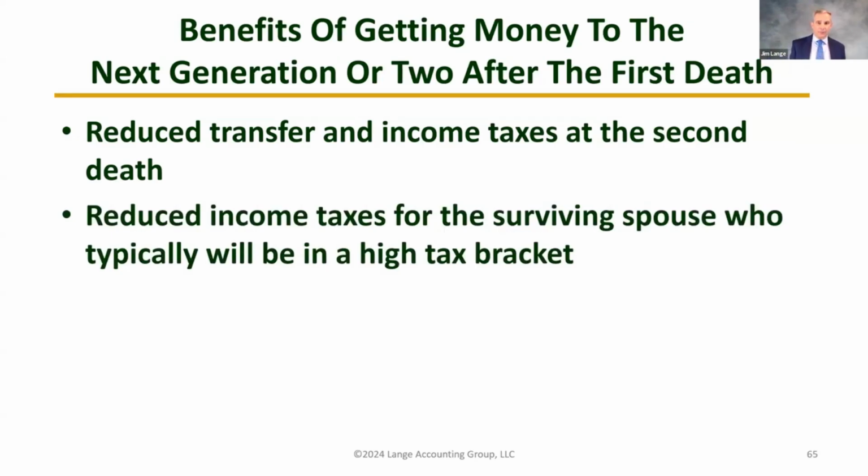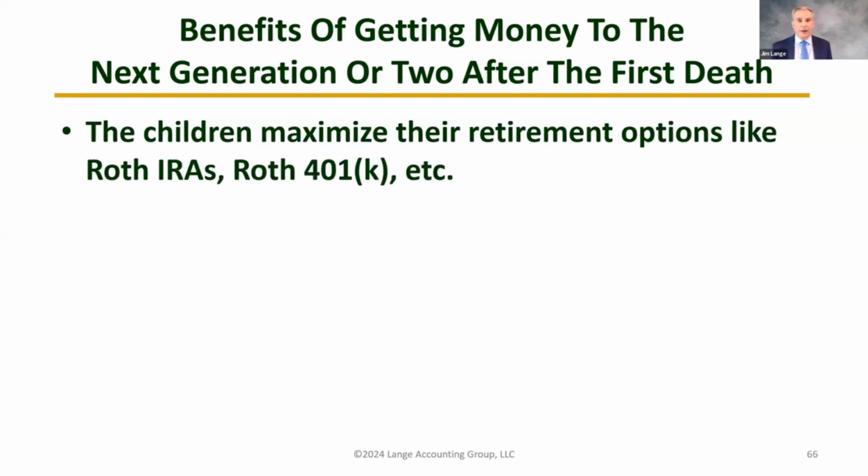Mistake, which is, again, getting some money out of the estate after the first death, to the kids, sometimes to the grandkids. And again, that helps your kids. And by the way, this isn't necessary for them to get a Ferrari.